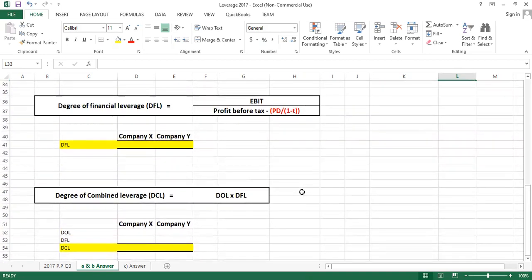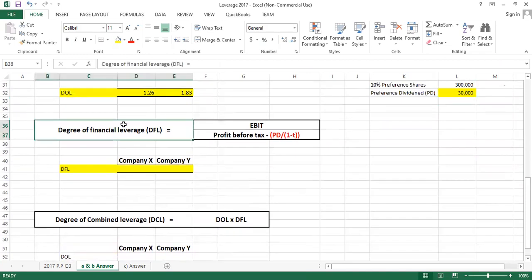Then we apply this formula to calculate the financial leverage. Let's see how to calculate the company X financial leverage.